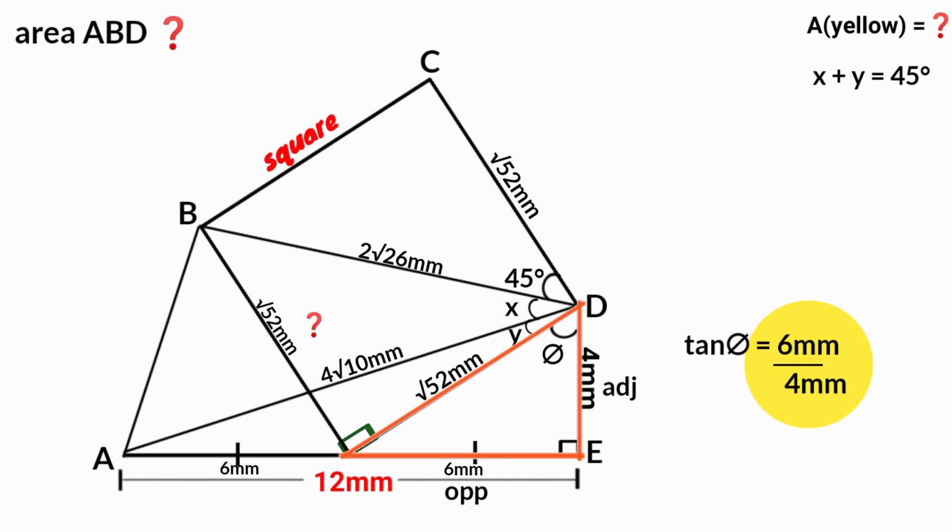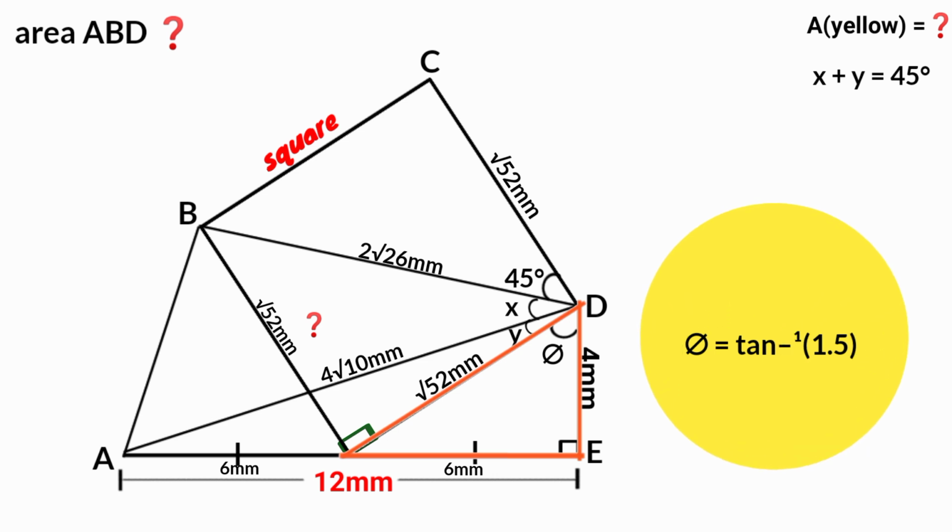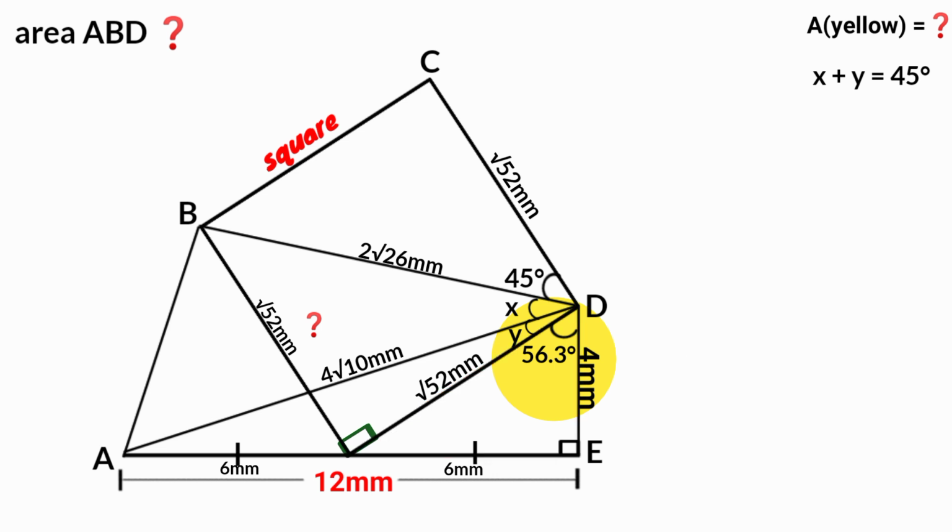Millimeters cancels millimeters, and 6 over 4 is 3 over 2, which is 1.5. So tan theta equal to 1.5. Making theta the subject, theta equal to tan inverse of 1.5, which is 56.3. That is, the size of this angle is 56.3 degrees.